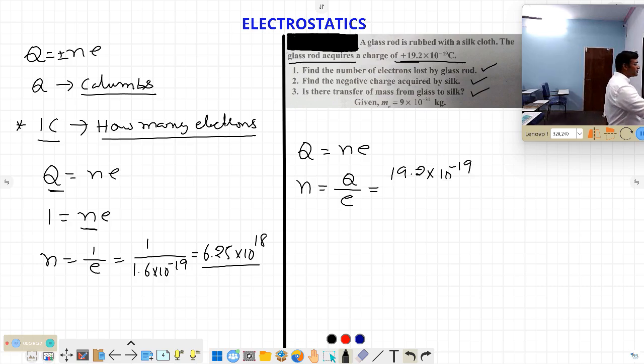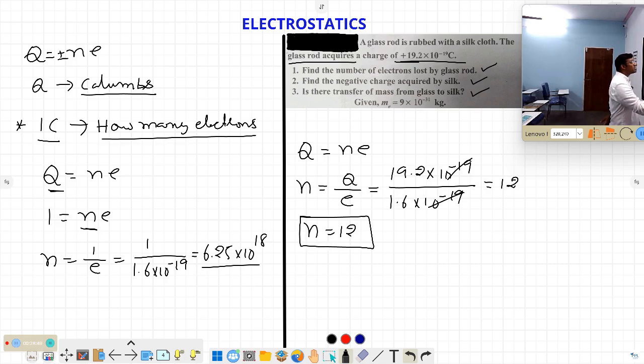What is the charge of the electron? It is 1.6 into 10 power minus 19. The powers cancel, and 19.2 by 1.6 gives 12. So the number of electrons transferred is 12. The number of electrons lost by the glass rod is 12.